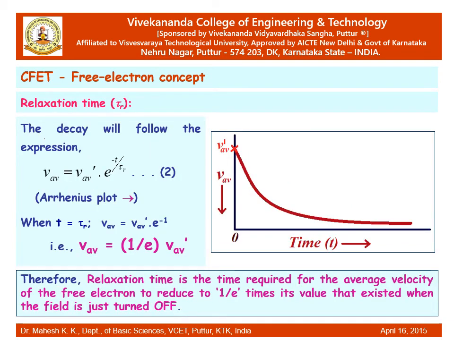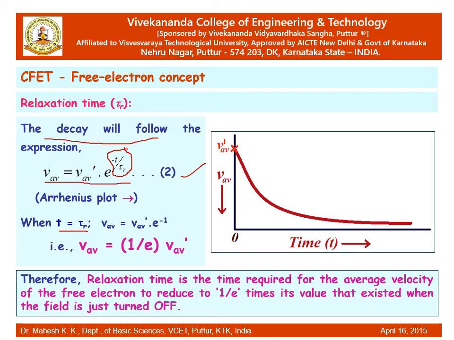The decay will follow the expression V average is equal to V average prime into e to the power minus t over tau r. We don't have a derivation here, I am just giving you the equation. Now in this equation you see the power of e, t and tau r, where tau r is the relaxation time.